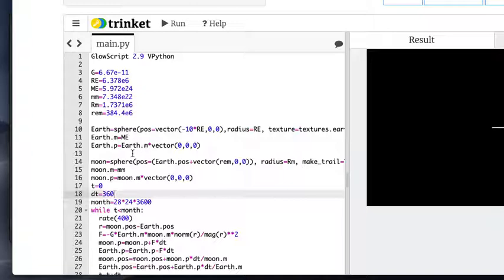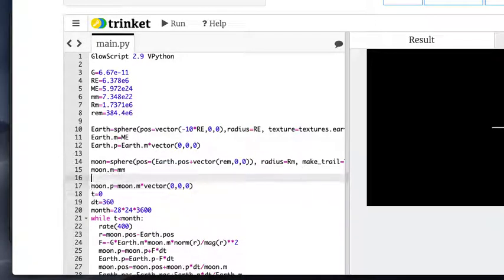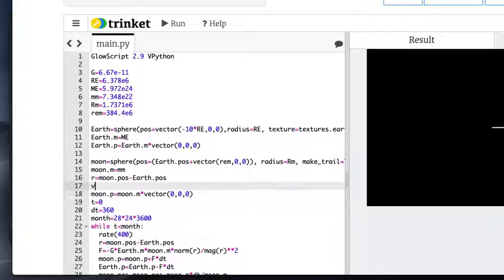So let's go back up here and let's say this same R calculation right here. Okay, now I can give the velocity: v start equals square root of G times the mass of the Earth divided by the magnitude of r.